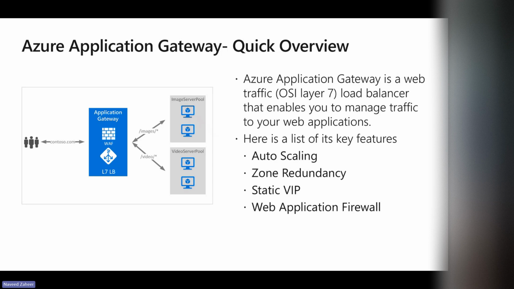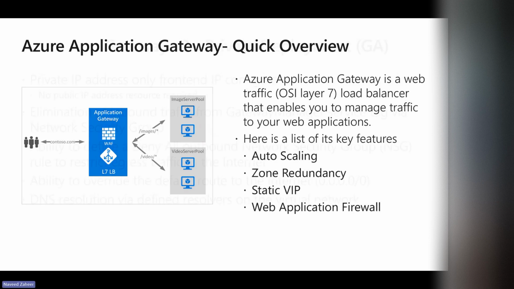Okay, so that's very important. As your load increases, you can do auto scaling to match the load demand. One more thing, it integrates with web application firewall, so you can have policies that are set up, and you can apply those policies through the WAF capability of Azure Application Gateway.